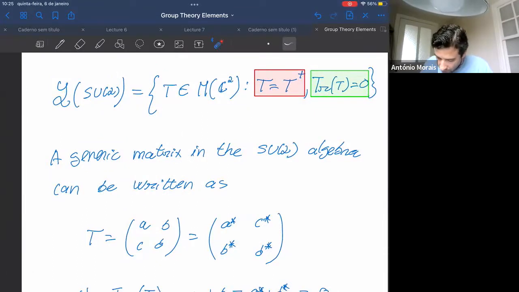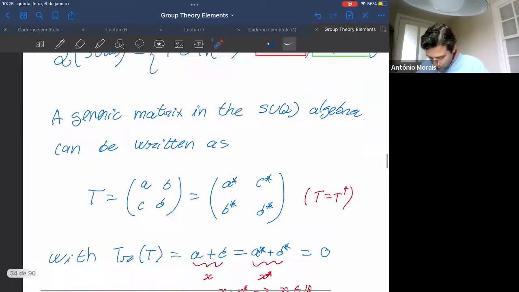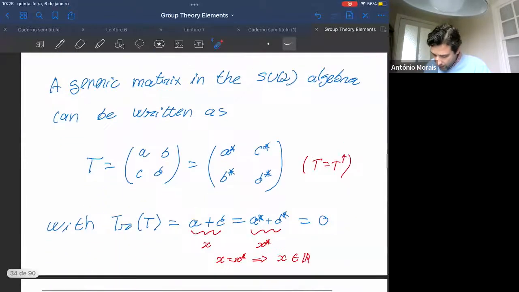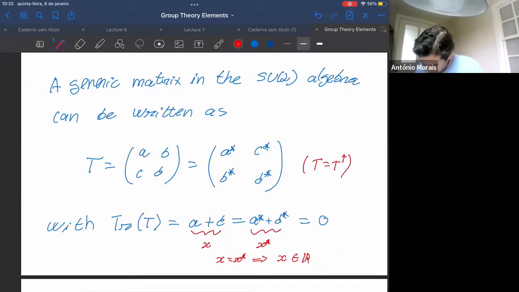To make it clearer, this comes from the fact that T equals T dagger here. And also we have the tracelessness condition here, because of the trace here. So trace T equal to 0.